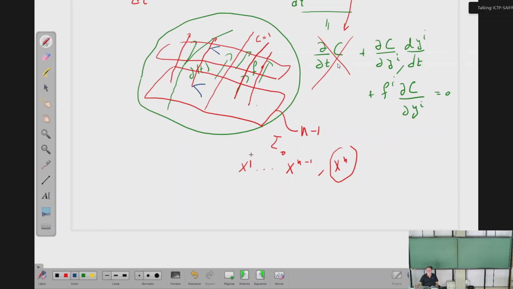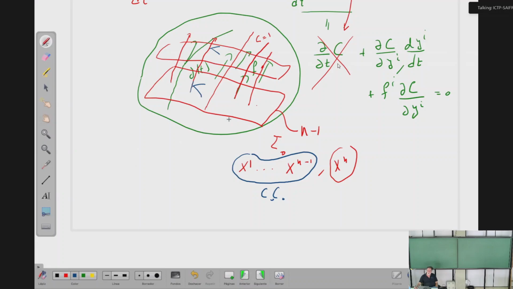So I claim that all these are conserved quantities. Because if I take the derivative with respect to t, this is a derivative along this line, these quantities are constant, because I choose them.